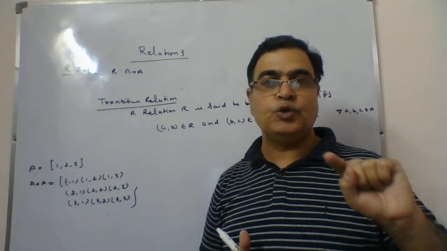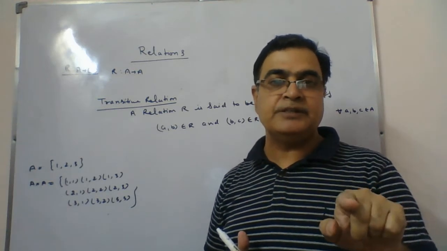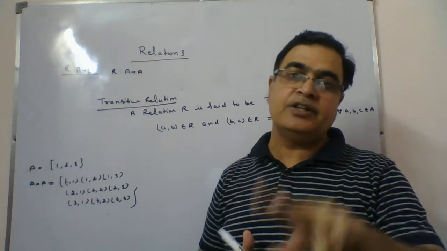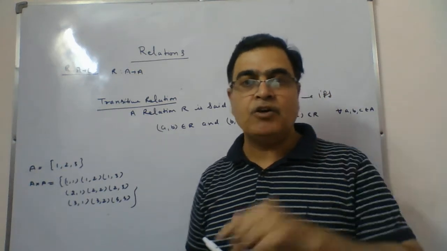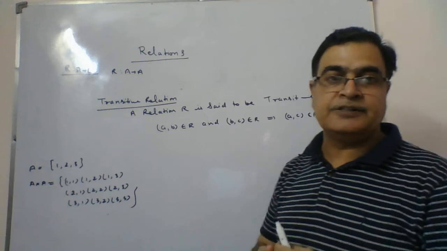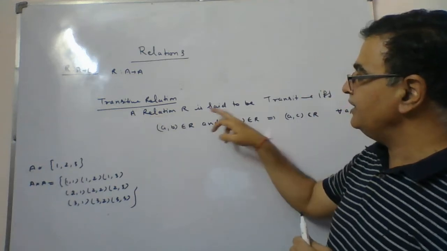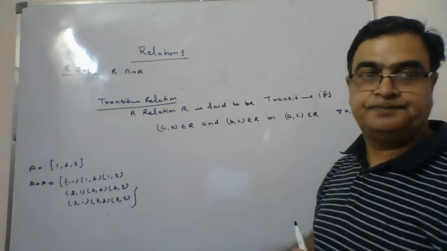In the symmetric relation, I told you if A and B are two elements in set A, and they are related, their reverse must be there. Now coming to the transitive relation, what does it say?